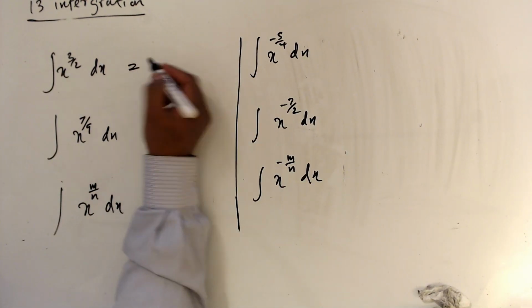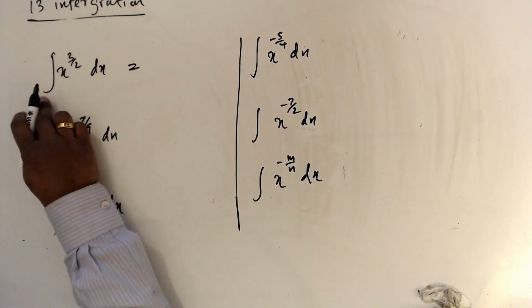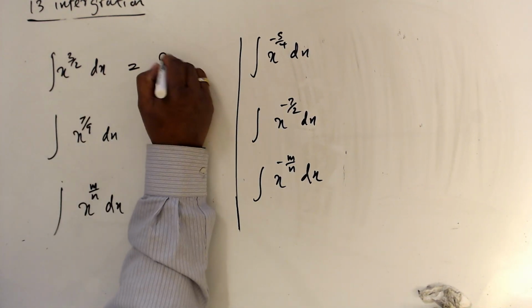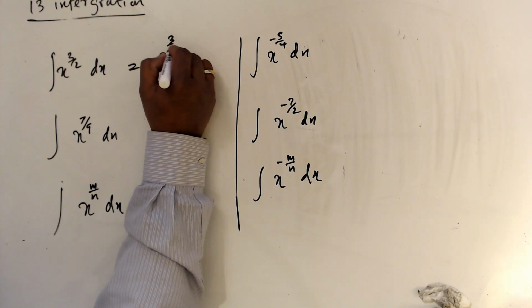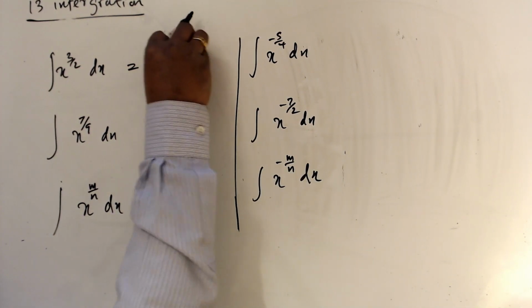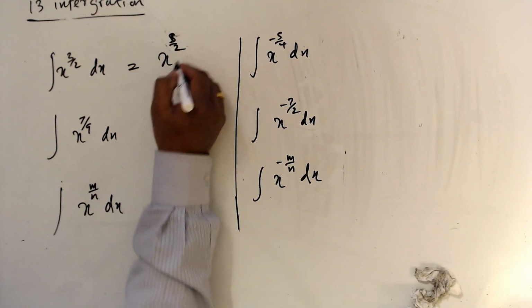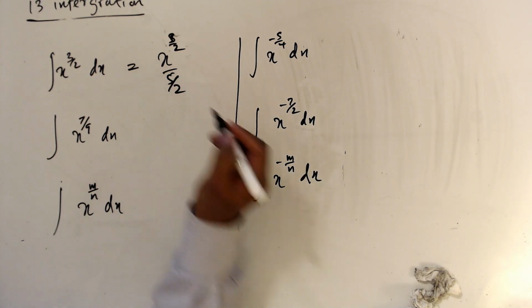Let's discuss these sections. So the command is integration, it is still the same thing: x^(3/2), then x^(5/2) divided by 5 over 2.